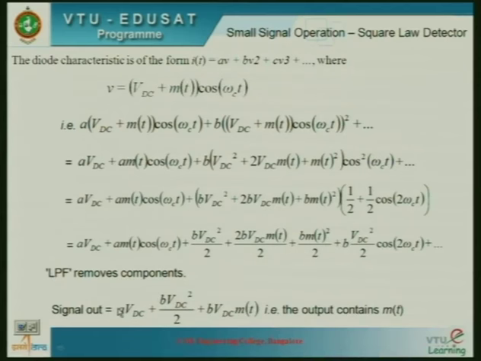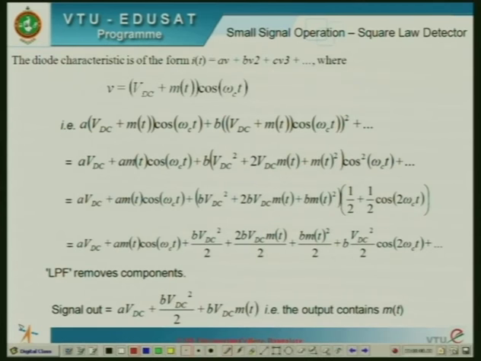Let us take the equations here. The current across the diode is given by AV + BV² + CV³. We know that V is (V_DC + m(t)) cos(ωct).